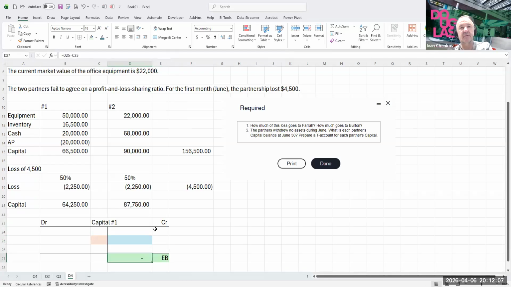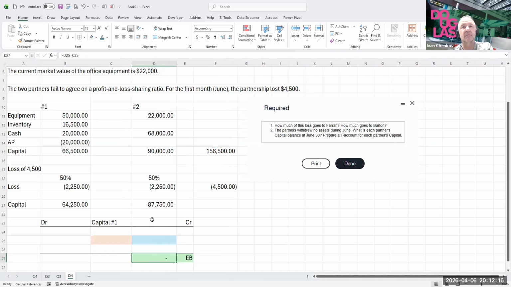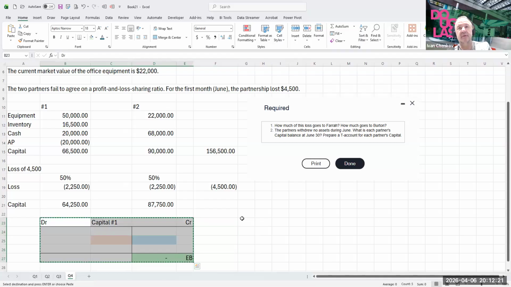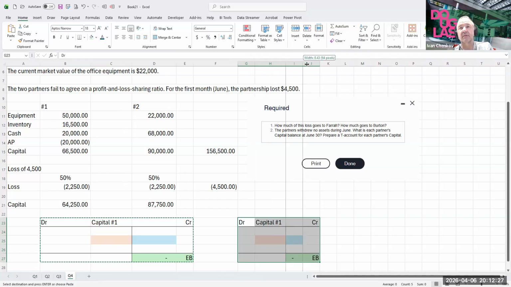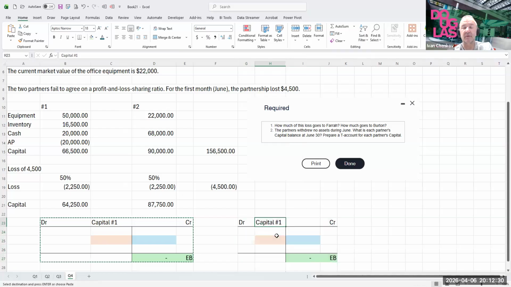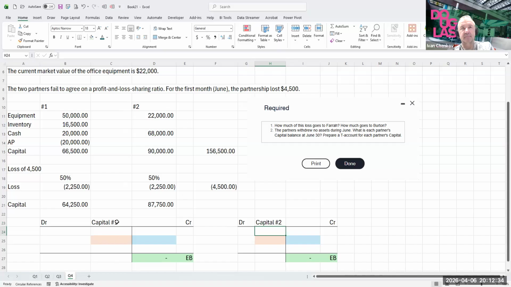Those will be different. This looks okay. I don't need anything else here. And the capital for number two is going to be right here. That seems right. Number two. Merge those two cells to be nice and presentable.